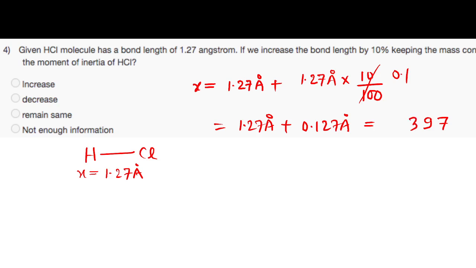So after 10% enhancement in bond length, our final bond length will be 1.397 angstrom.